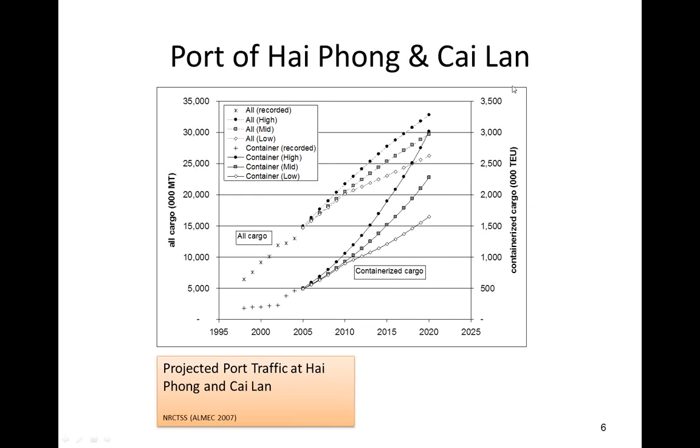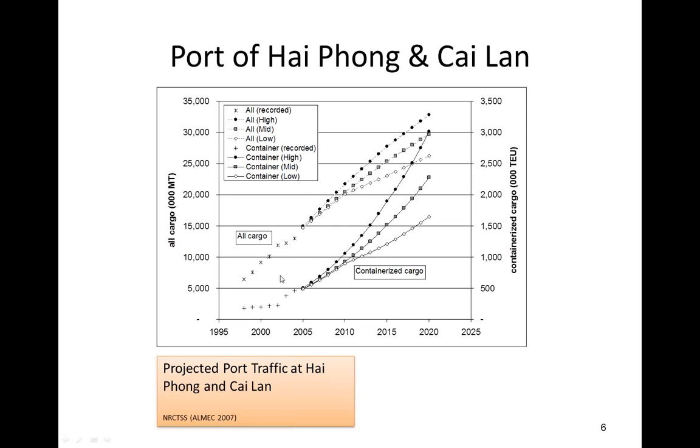The port of Hai Phong and Cai Lan are located in northern Vietnam, where Hanoi is, and these are the primary ports in that region, and the operation of this port is critical for the sustained development of the region, particularly as the northern region of Vietnam is moving towards export-oriented industries. So therefore, it's really critical to know whether the ports of Hai Phong and Cai Lan are going to be up to the task.